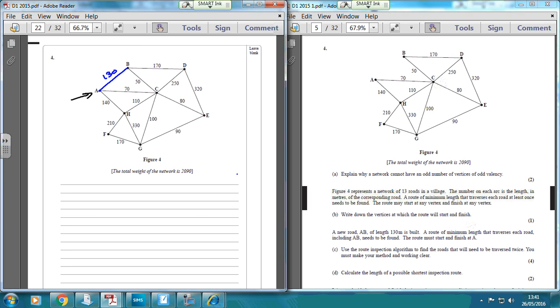So as soon as it says route inspection algorithm, you need to find all of the vertices which are odd. This one here is odd, this one here is odd, this one here, B, is now odd, that's got 3, and A is now odd.